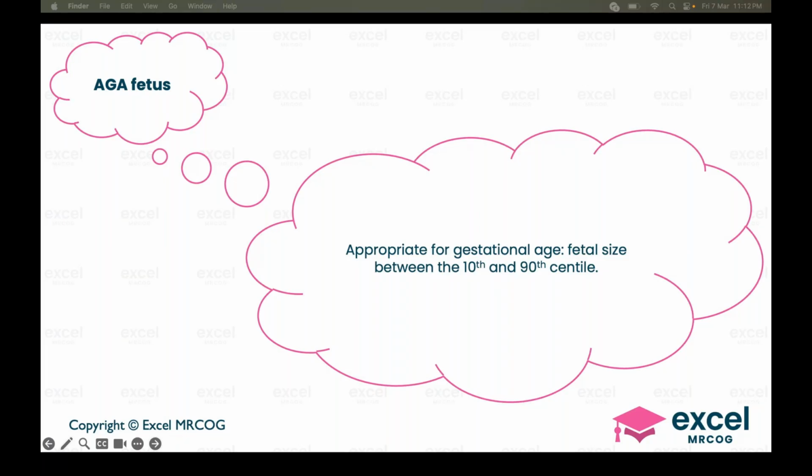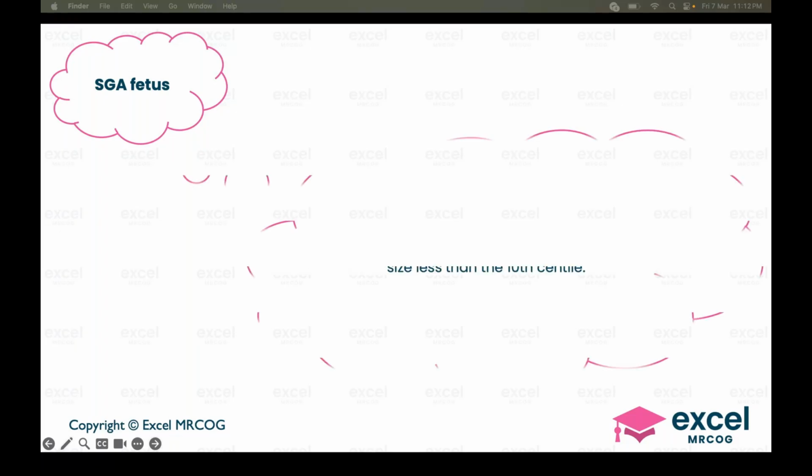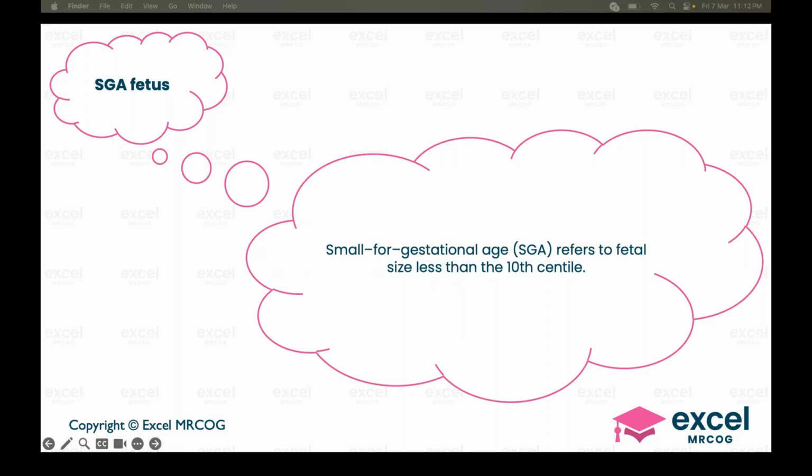Then we have the SGA fetus. What is SGA fetus? Anybody? What is SGA fetus? It's on 10th centile. Excellent. So a fetus that is less than the 10th centile is an SGA fetus.